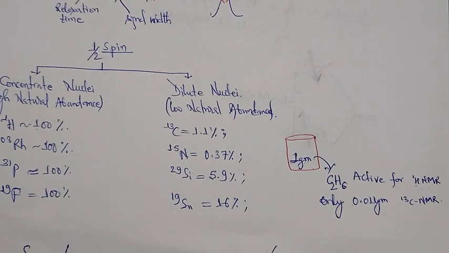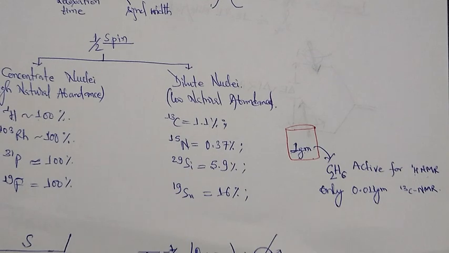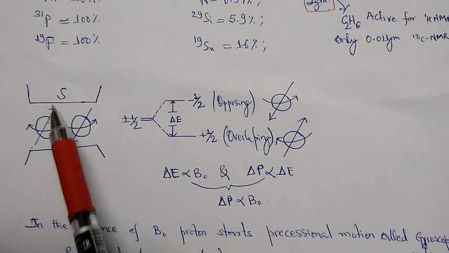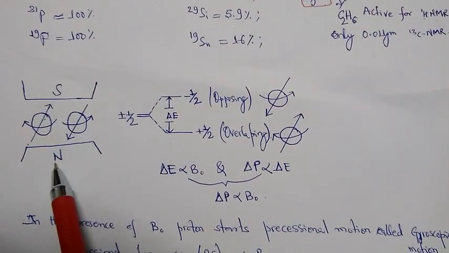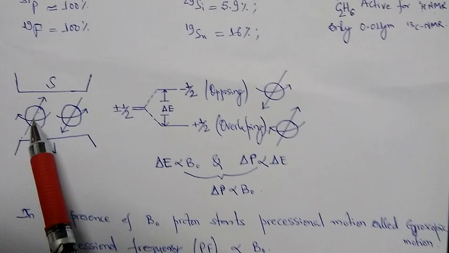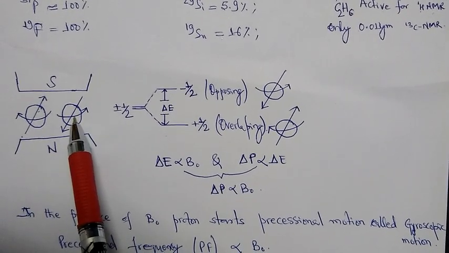With this example, now we will proceed forward towards the basic concepts of the NMR signal. As we can see in this figure, south pole, north pole of the magnet, where two nuclei are placed in such a way that their spin energies are degenerate to each other.